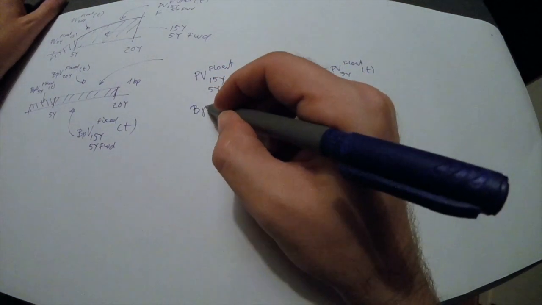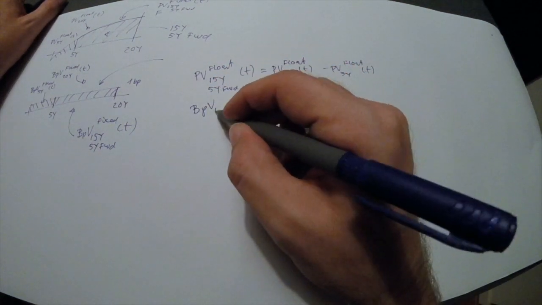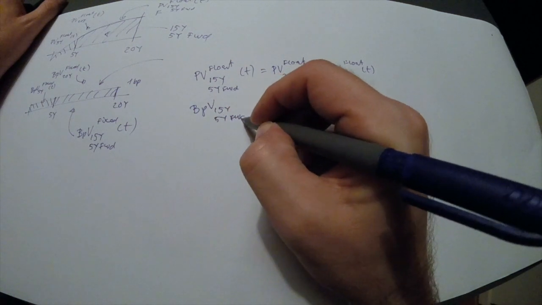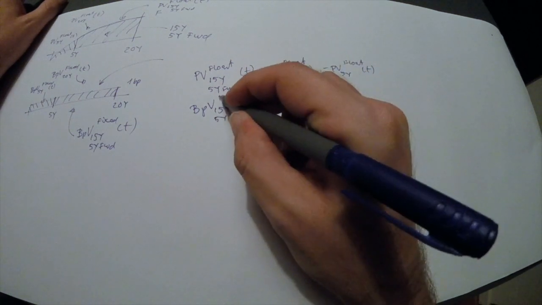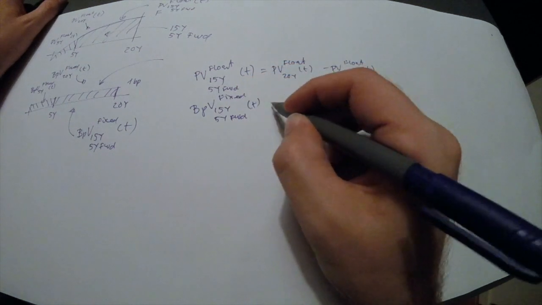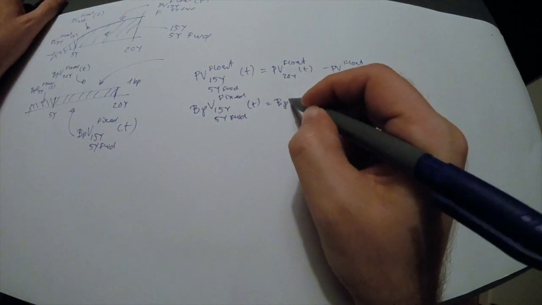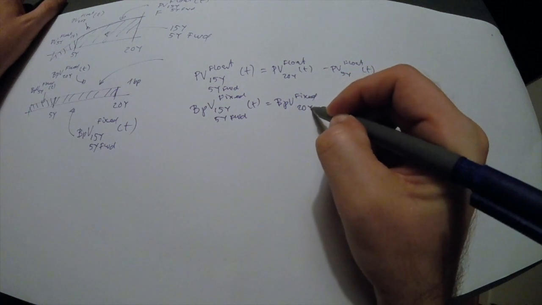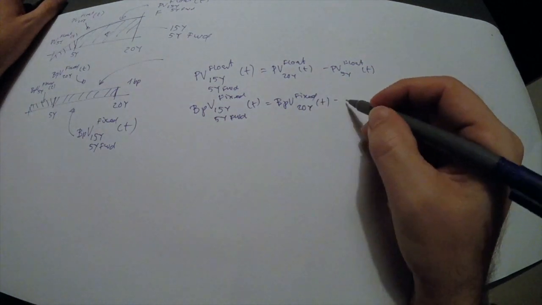And similarly, we could construct the basis point value of the 15-year swap 5-year forward also as a difference between two basis point values, of the 20-year and the 5-year again.